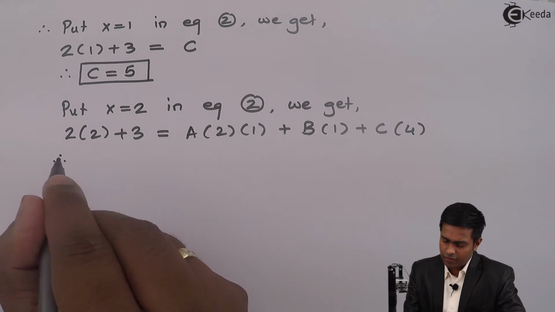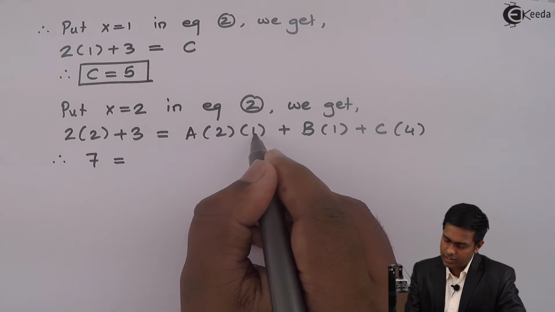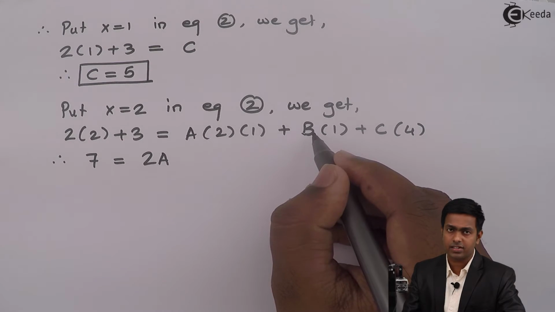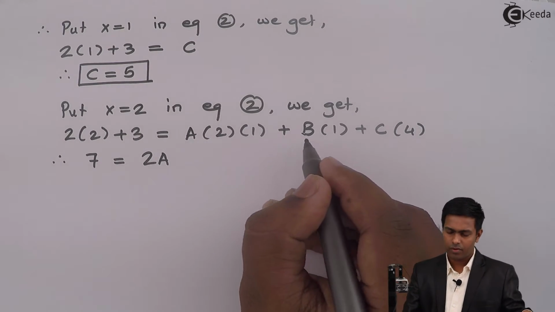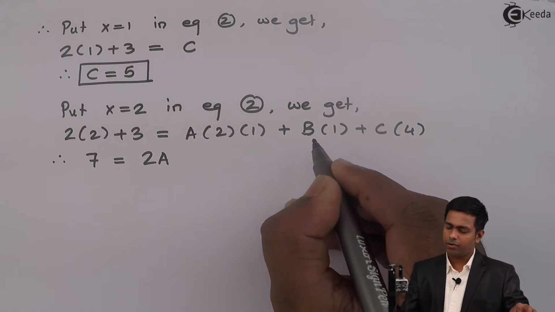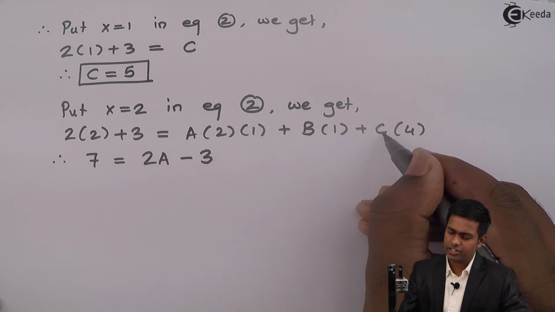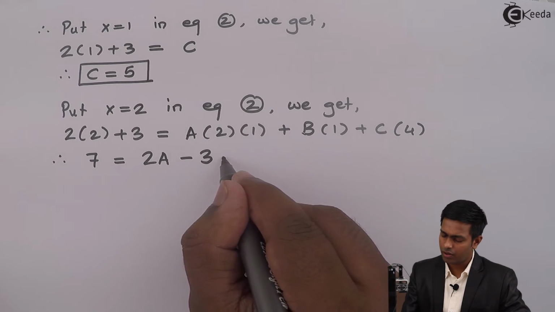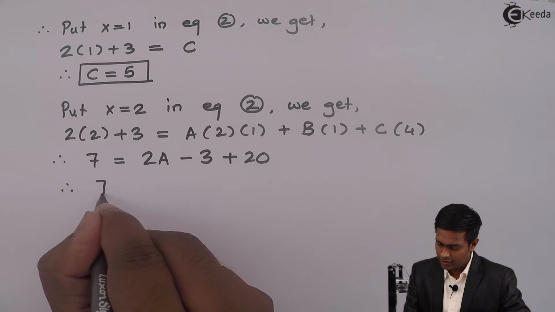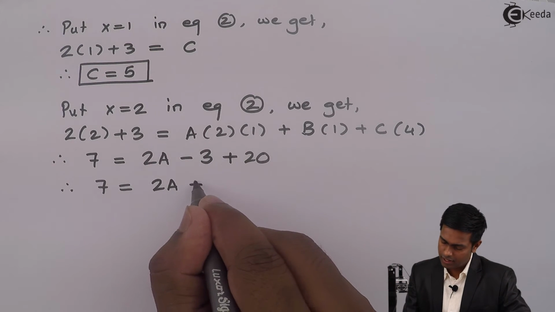By solving this, we will get 2 into 2 is 4, plus 3 is 7, 2 ones are 2, so that will become 2a. Now the value of b we got as minus 3, so I will substitute the value of b from here. That will become minus 3 into 1, that is minus 3. The value of c is 5, so 5 into 4, that is 20. So here we will get 7 is equal to 2a, this will become plus 17.